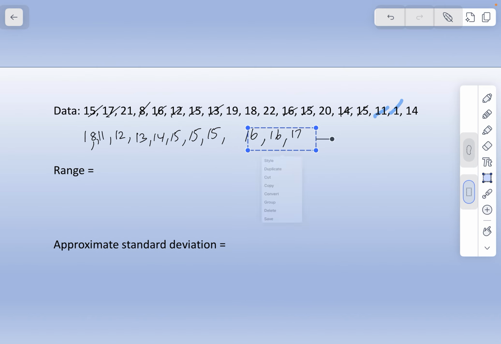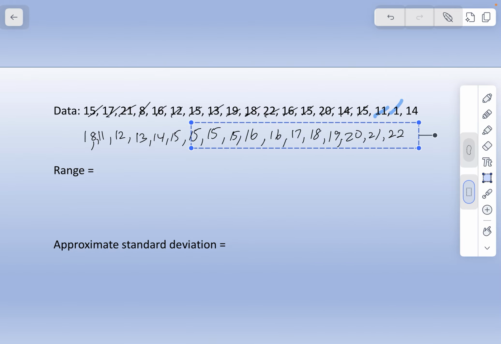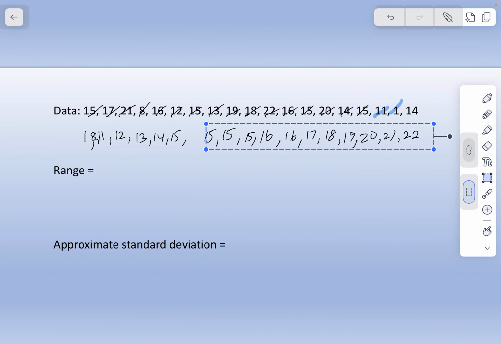Scooch this little list over. Okay, we got an 18, we got a 19, we got a 20, we got a 21, we got a 22, and I must have missed a 14. Yes, I did, so let's scooch this list over.